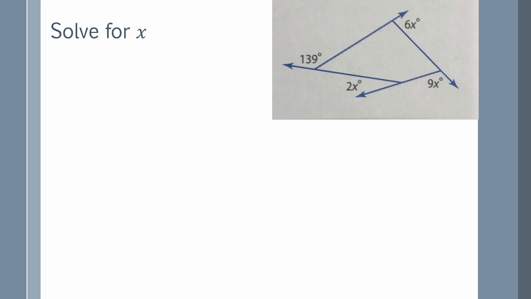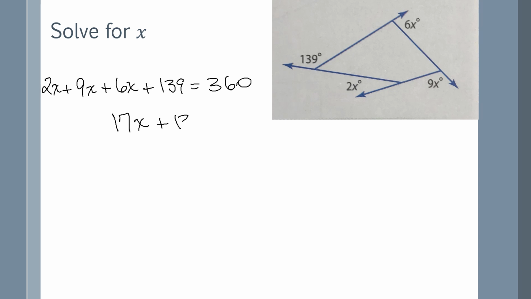Okay, so we set up our equation as 2x plus 9x plus 6x plus 139 is equal to 360. So 2x plus 9, 2 plus 9 is 11 plus 6 is 17x plus 139 equals 360.